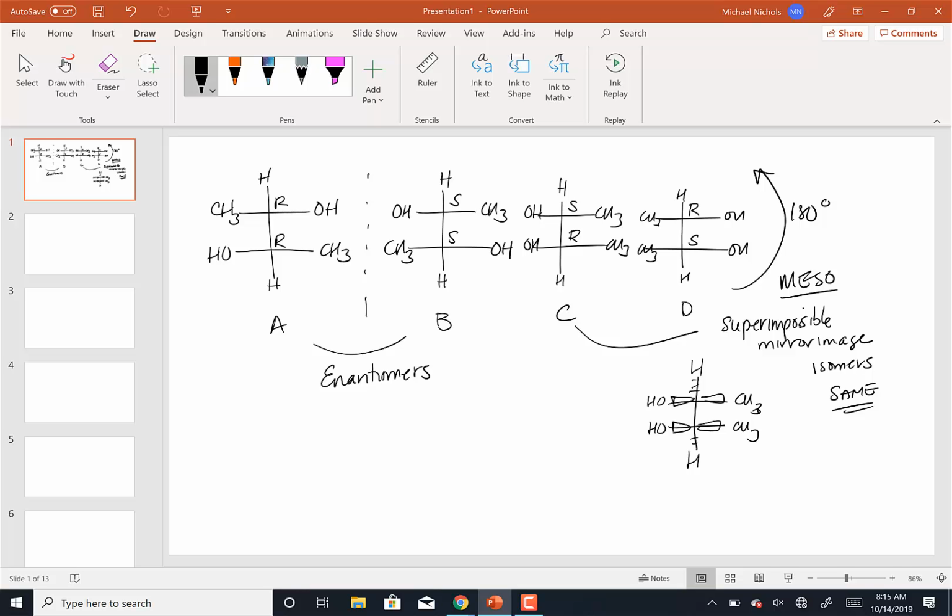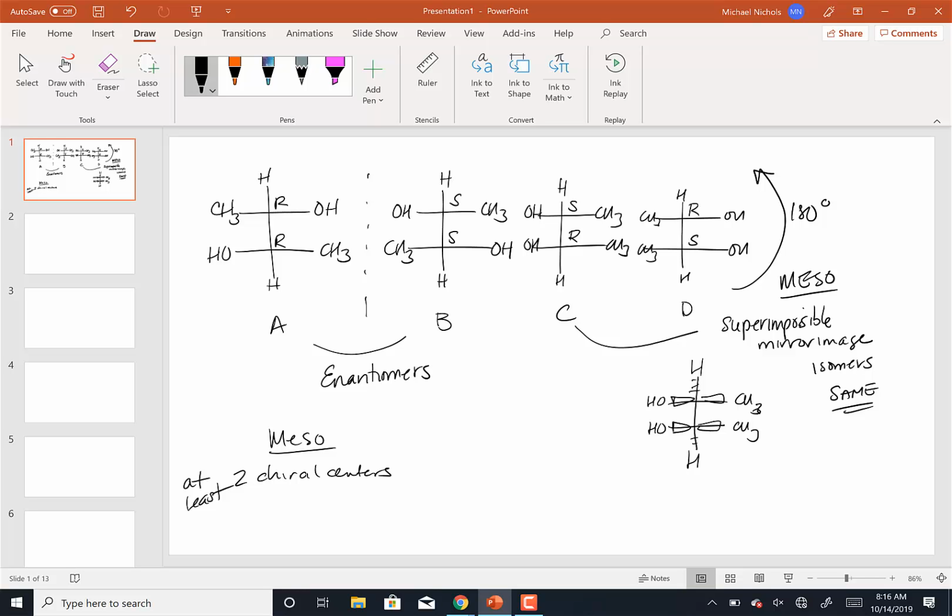So if you have a molecule with no chiral centers and it's superimposable on its mirror image, it doesn't have a name. It only has a name if it has chiral centers, and it must have at least 2 chiral centers. So when we look at meso compounds, some of the characteristics are, number 1, you have to have at least 2 chiral centers in that molecule.